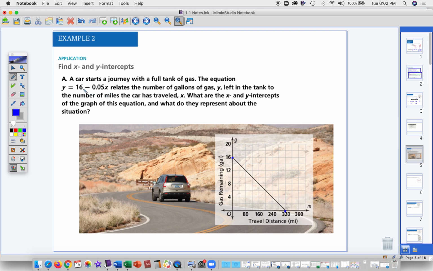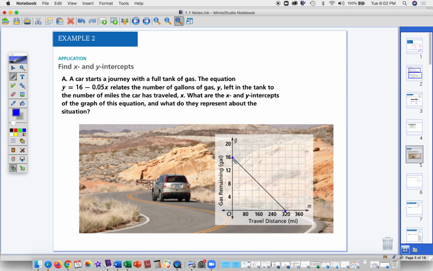The equation y equals 16 minus 0.05x relates the number of gallons of gas, which is y, left in the tank to the number of miles the car has traveled, which is x. What are the x and y intercepts of the graph of this equation, and what do they represent about the situation? So you might want to pause the video and think about that for a minute, and then come back.